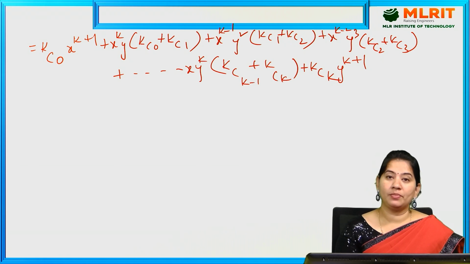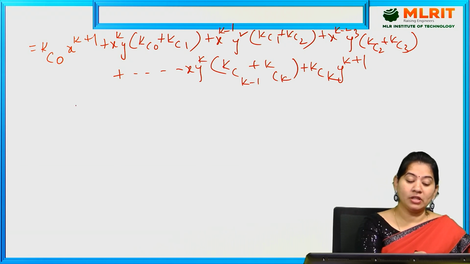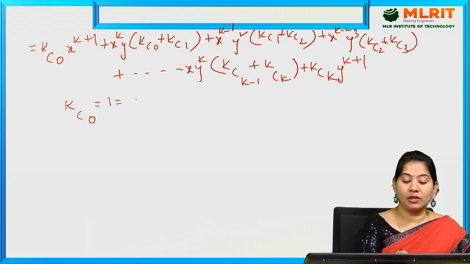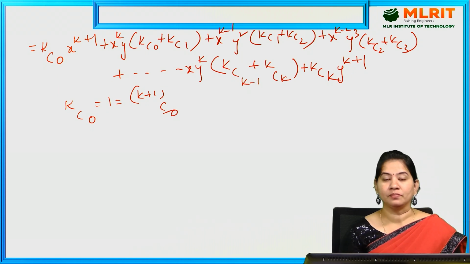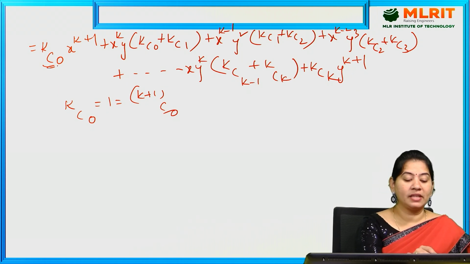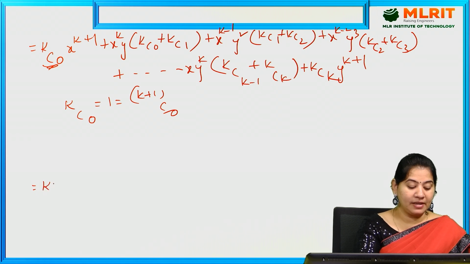So now we have some conditions also, some values also you need to substitute. Always kc naught is equal to 1 is equal to k plus 1 c naught. So that's why in place of kc naught you have to write k plus 1 c naught.